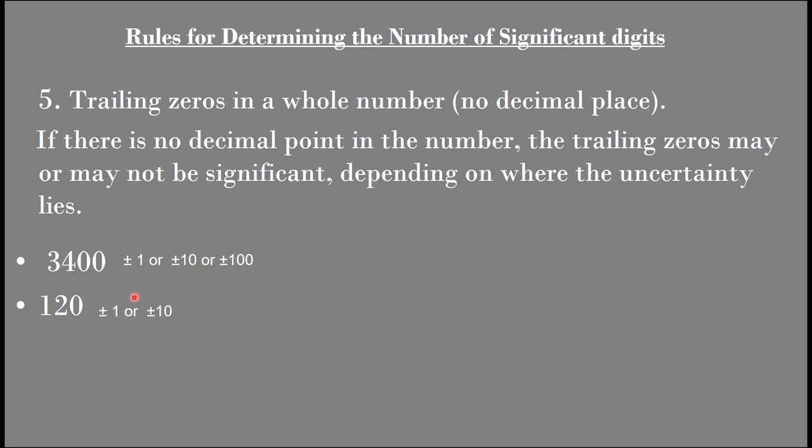It could be interpreted as 3400 plus or minus 1, meaning both zeros are significant, or plus or minus 10, meaning the zero at the tens place is significant and the zero at the ones place is just a placeholder. Or it can be interpreted as plus or minus 100, meaning both zeros are just placeholders and it has only two significant numbers, which are 3 and 4.